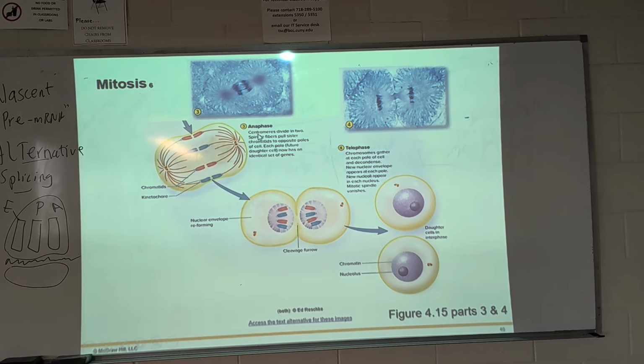In anaphase, the centromeres divide, and the spindle fibers pull the sister chromatids to opposite poles of each side. And then you have the cleavage furrow starting to arise, and that's what's going to cause the two cells to separate.